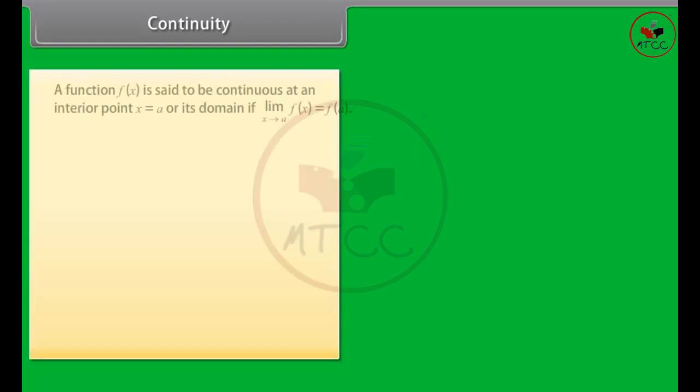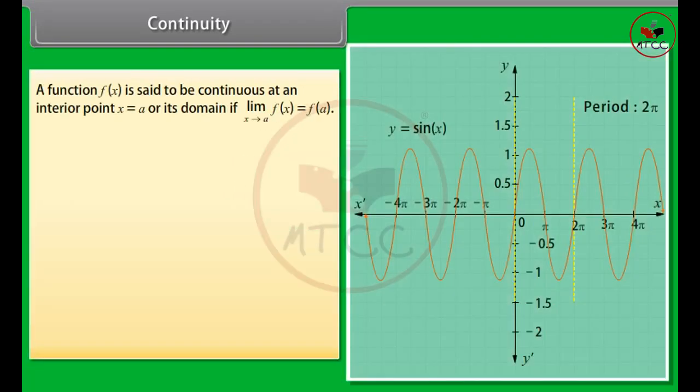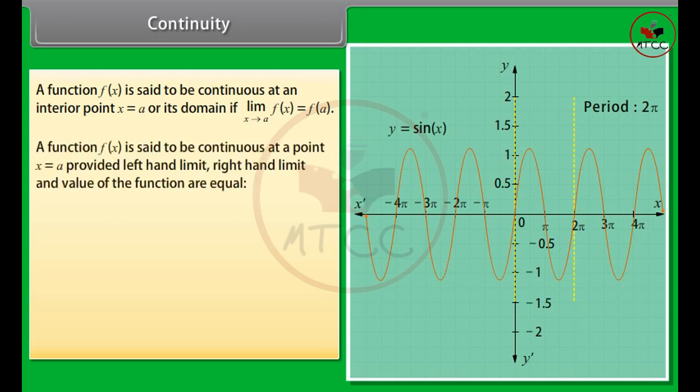Continuity. A function f(x) is said to be continuous at an interior point x equals a of its domain if limit x tends to a of f(x) is equal to f(a). In other words, a function f(x) is said to be continuous at a point x equals a, provided the left-hand limit, right-hand limit and the value of the function are equal.